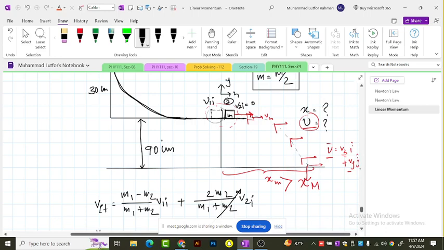But the accurate answer is they travel the same vertical displacement, and they start with the same velocity because initially they don't have any vertical velocity, which means they start from 0 in the vertical direction. We are also neglecting air friction, which means it is actually free fall in a vacuum. That indicates they will strike at the same time. They will strike the ground at the same moment.